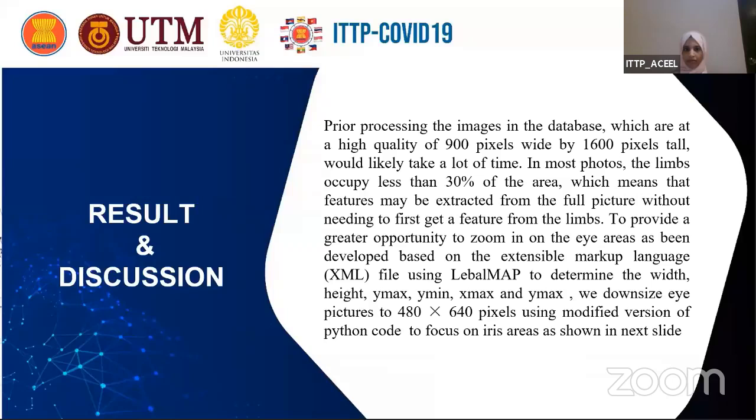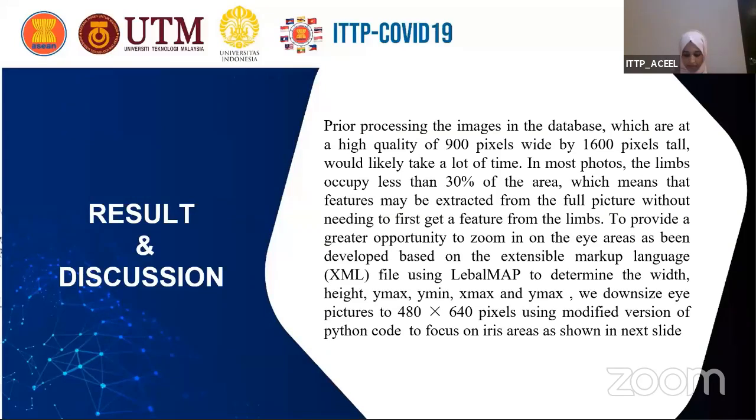In most photos or images, the limbs occupy less than 30% of the area, which means that the features may be extracted from the full image without needing to first get a fracture from the limbs. To provide a greater opportunity to zoom in on the eye areas, it was developed based on extensible markup language, XML.